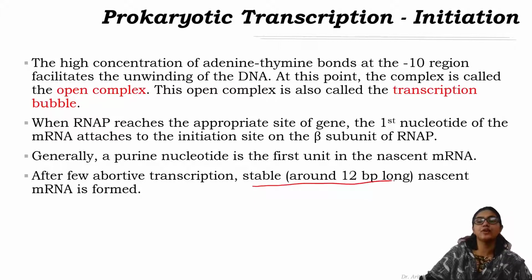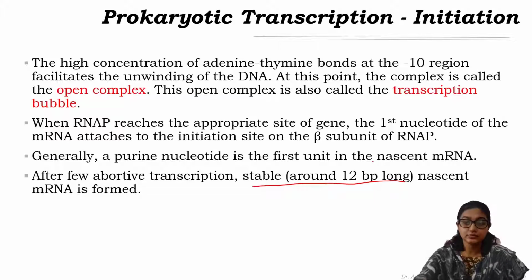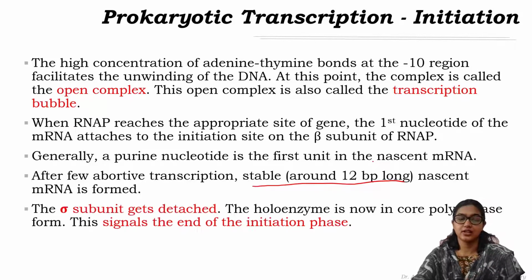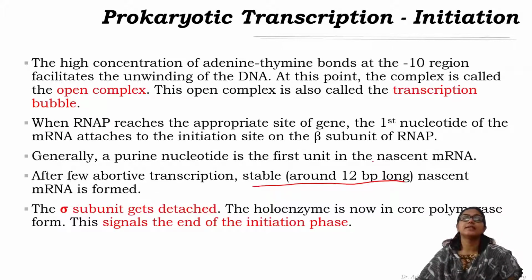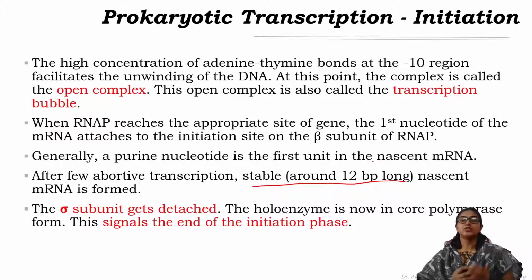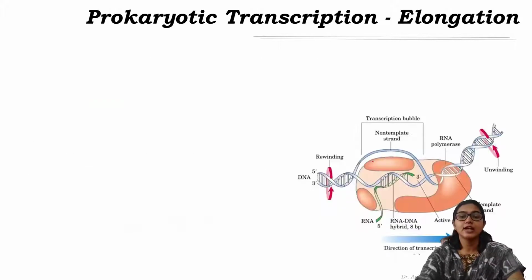The formation of one stable strand indicates the stable start of transcription. After that, the sigma subunit is detached from the open initiation complex, and that signals the end of initiation. So, we will proceed to the elongation phase.